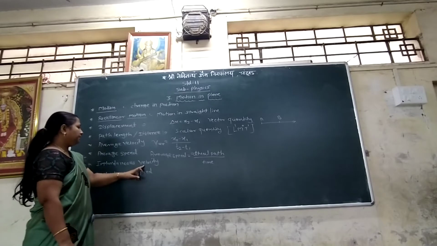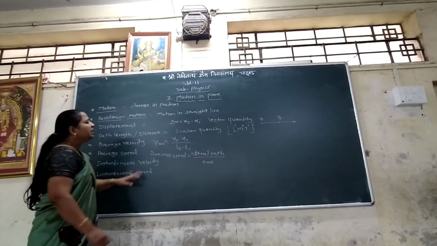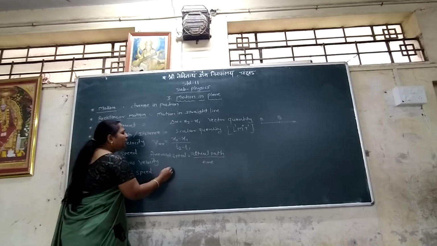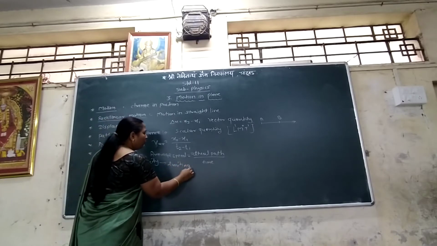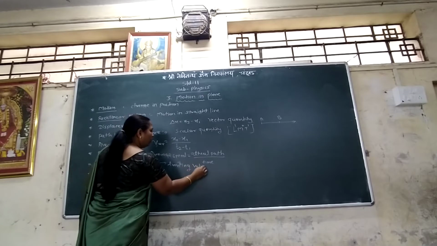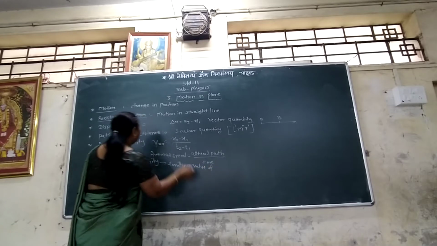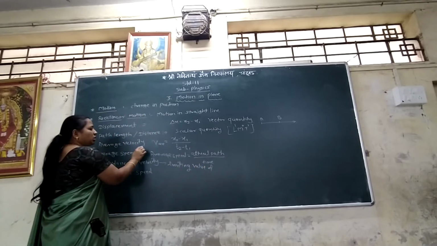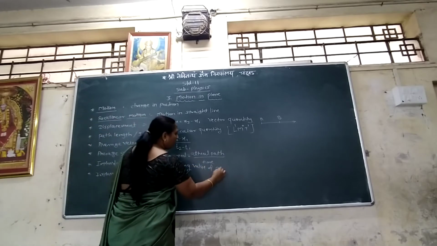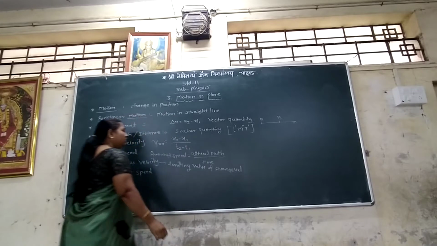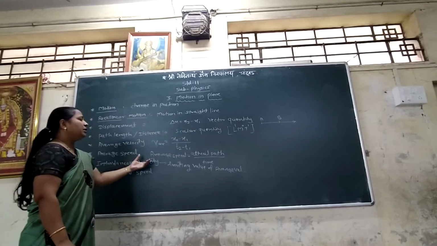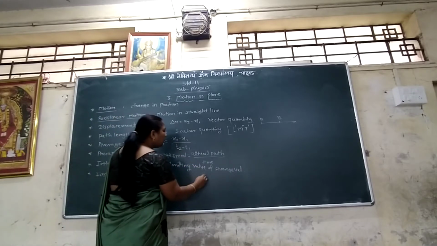Instantaneous velocity. The limiting value of average velocity is known as instantaneous velocity.